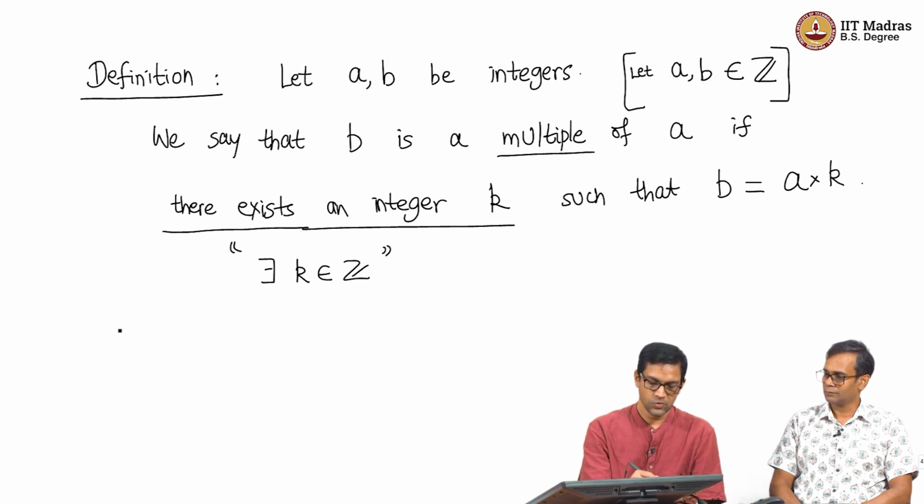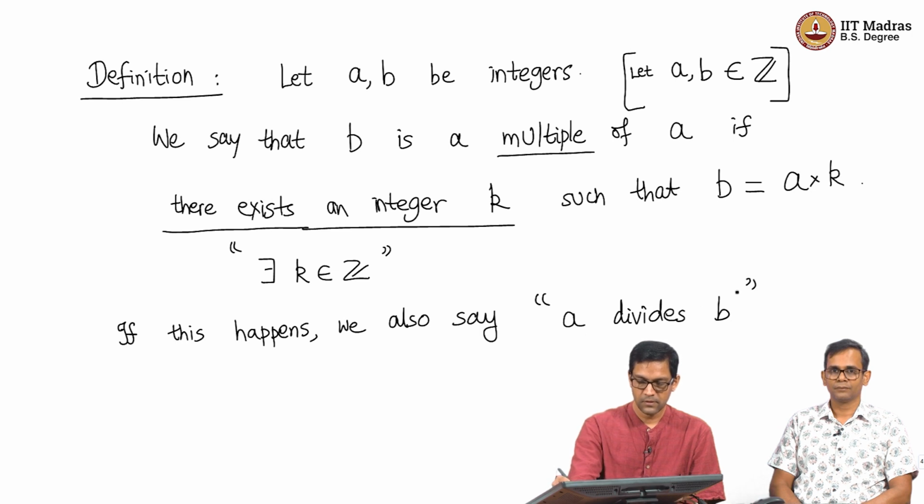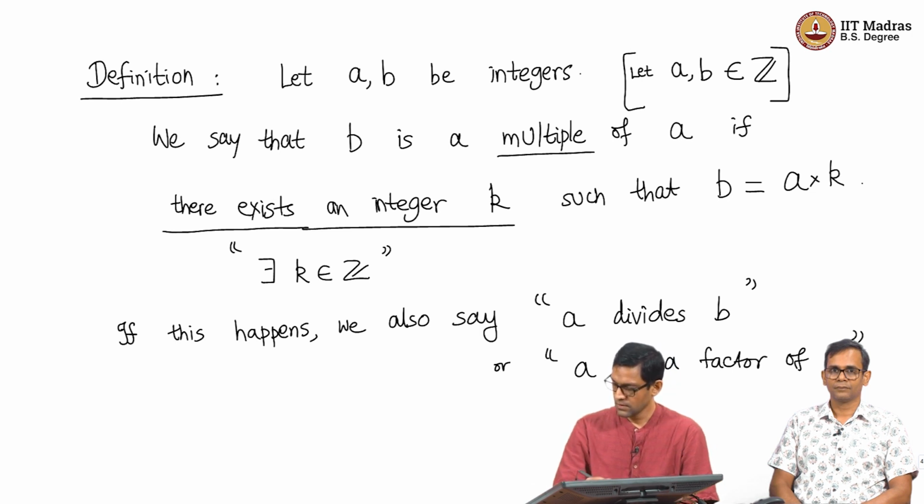Now if this happens, we also use other words or phrases to mean the same thing. If this happens, we also sometimes say, this is another way we can say that a divides b, or a is a factor of b, or a is a divisor of b, and so on.